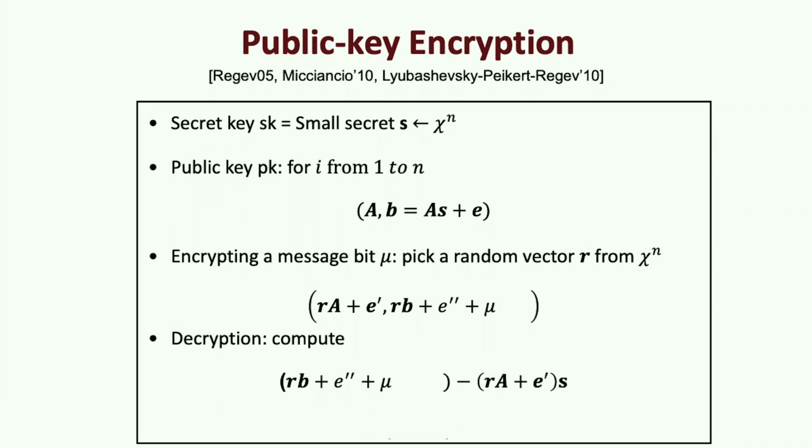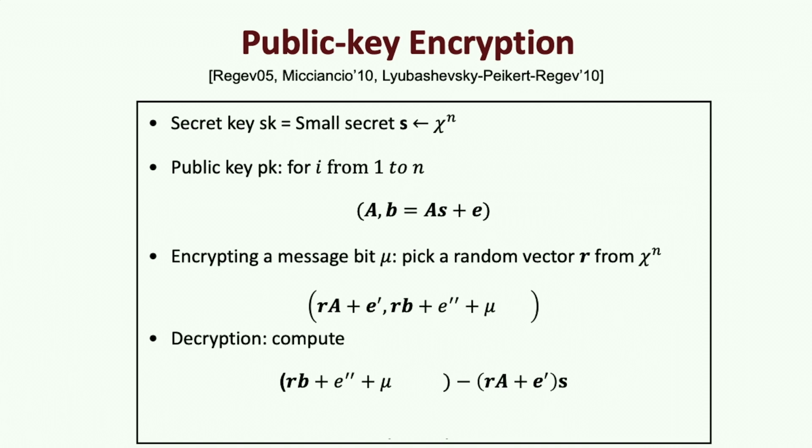It's a number in Z mod QZ, an arbitrary number in Z mod QZ, large modulus. Yes, in the second line, what are E prime and E double prime? They are errors, chosen from the error distribution. There's an underlying LWE error distribution chi. Think of it as random numbers in a small interval.